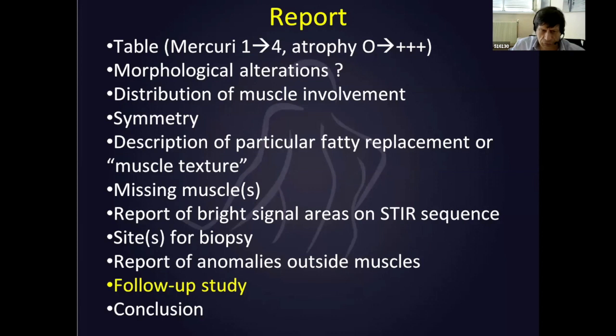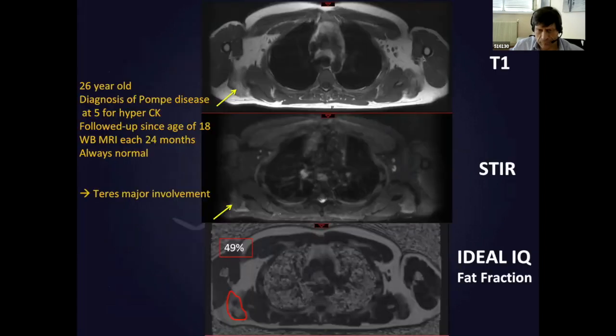MRI is also important to detect follow-up modification in muscle along the time. Here is an example of a young boy with a diagnosis of Pompe disease.